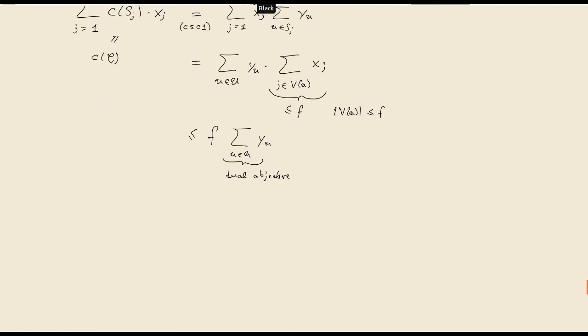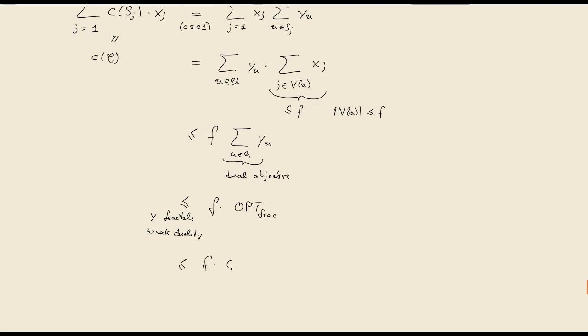So because y is feasible, and by weak duality, we can bound this by the optimal value of the relaxed set cover LP, which is just opt frac.